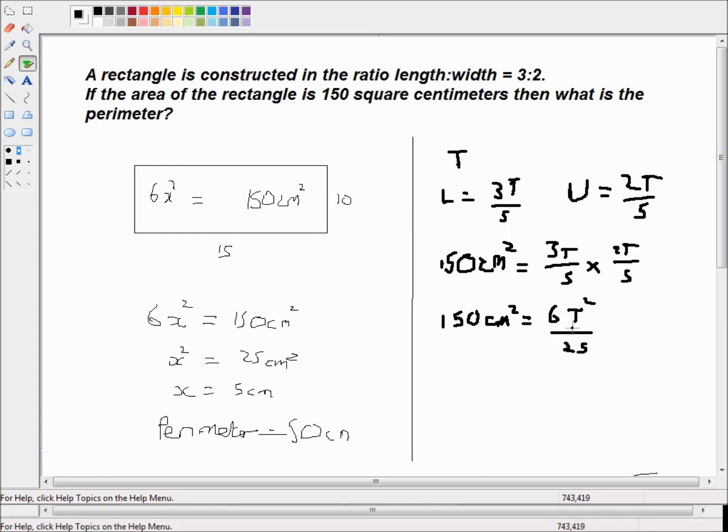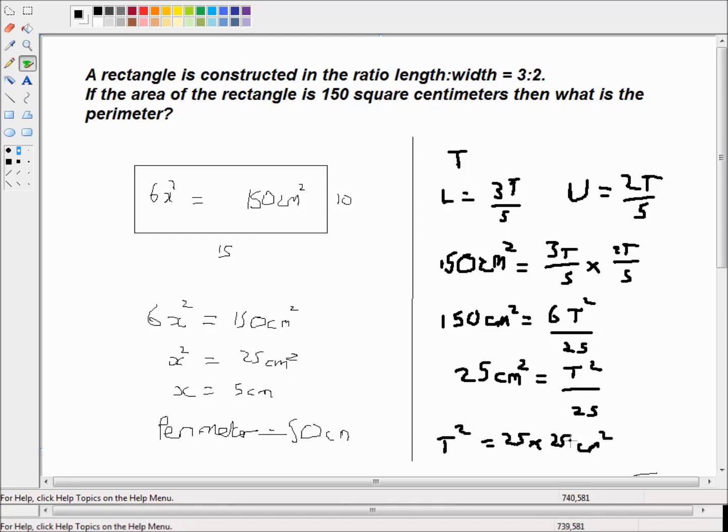Well, if I divide both sides by 6, we know that that's 25 centimetres squared because we already did that calculation on the other side. So 25 centimetres squared is equal to t squared over 25. So t squared is equal to 25 times 25 centimetres squared.